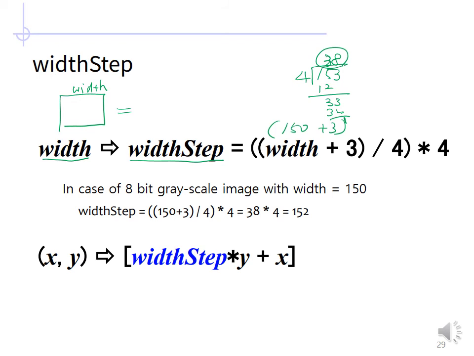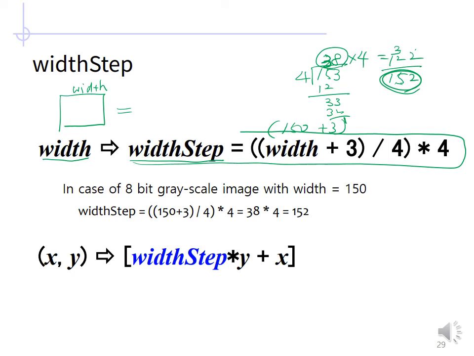This is integer calculation. Then 38 times 4 is 152. So using this equation, we find the width step, which is a multiple of 4. So we can use this width step instead of width.